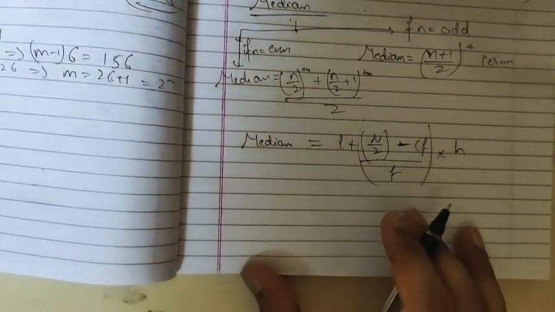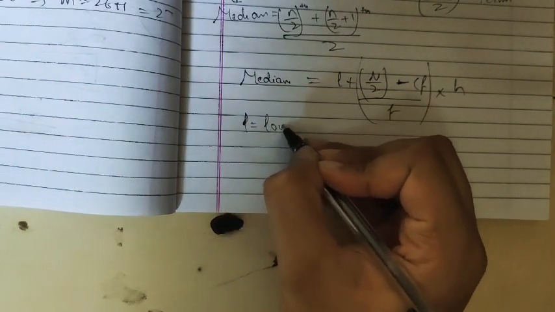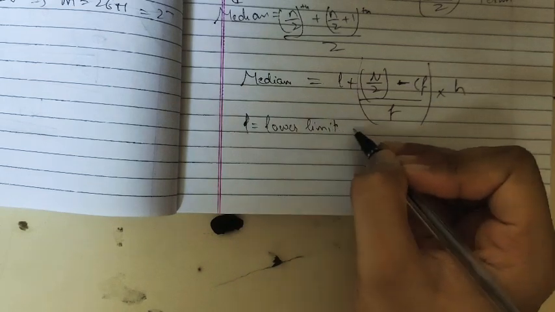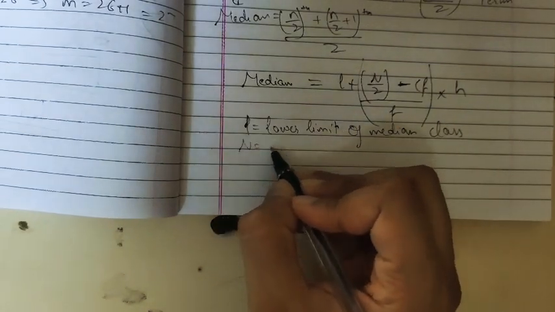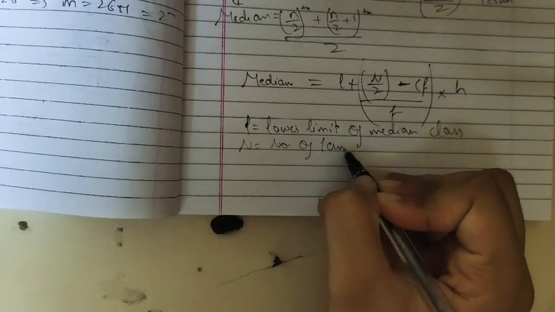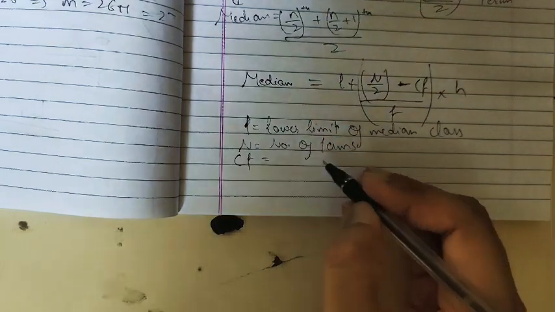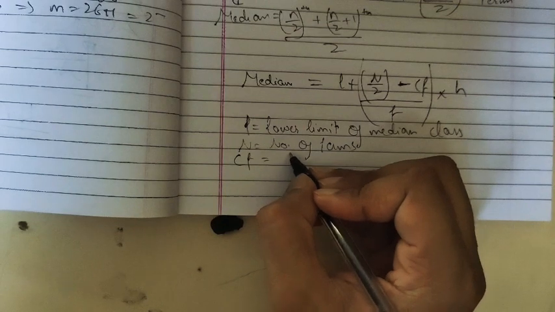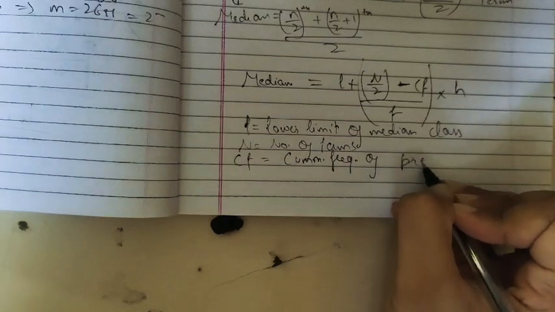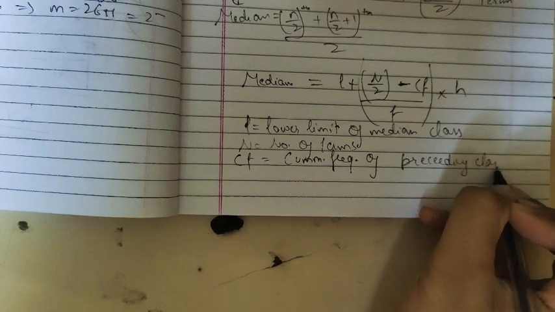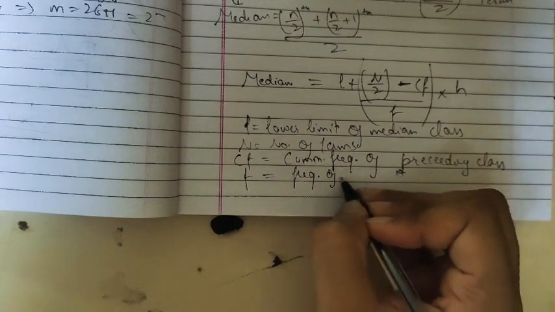This formula we have also done in class 10th, where L is the lower limit of the median class, n is the number of terms, CF is the cumulative frequency of the class preceding the median class, and F is the frequency of the median class.